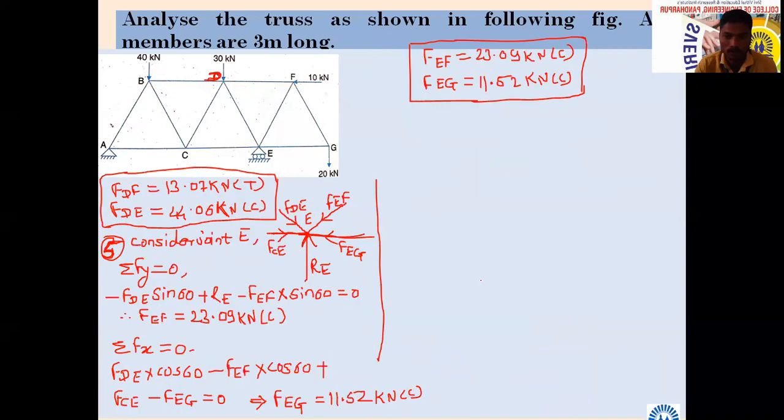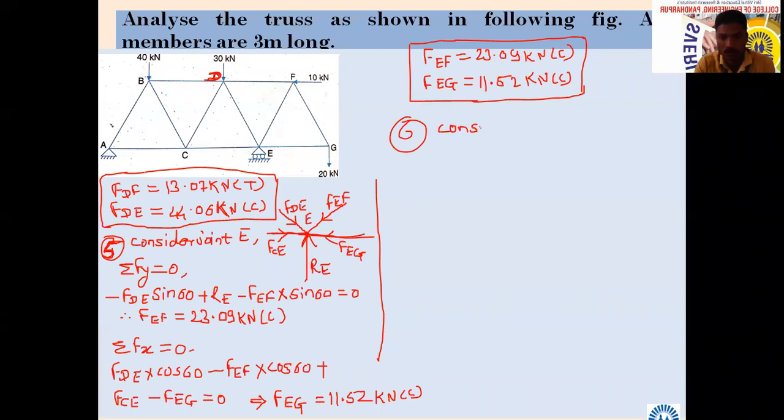Out of 11 members, till now we have found 10. Only one force remains. Which joint will we consider? Either F or G. You can get both answers the same.